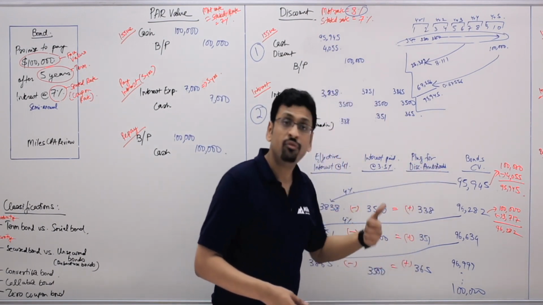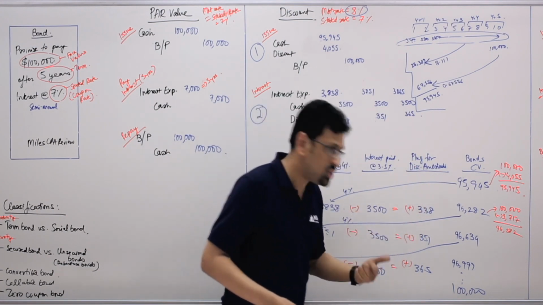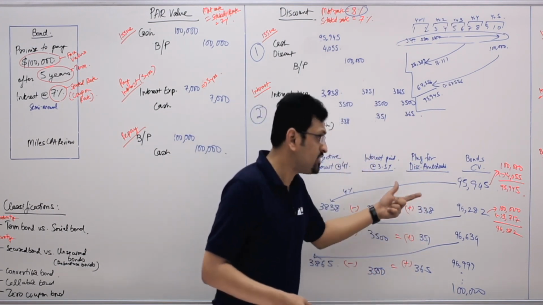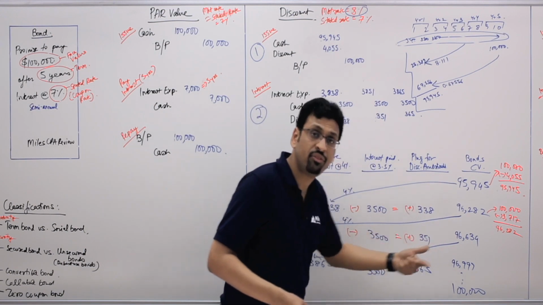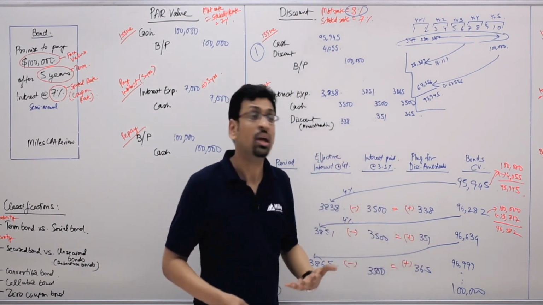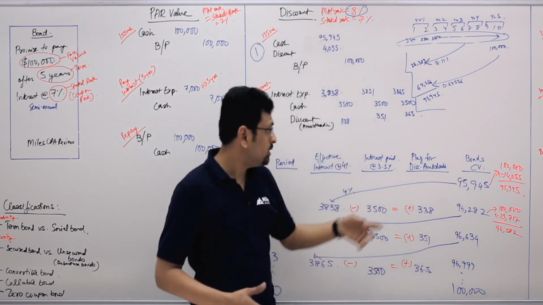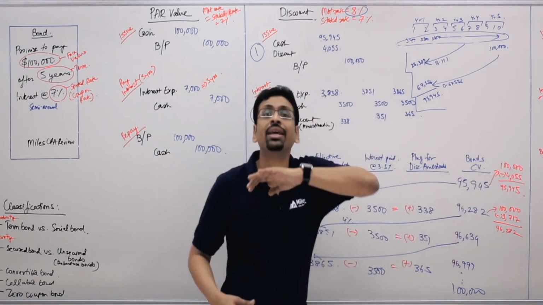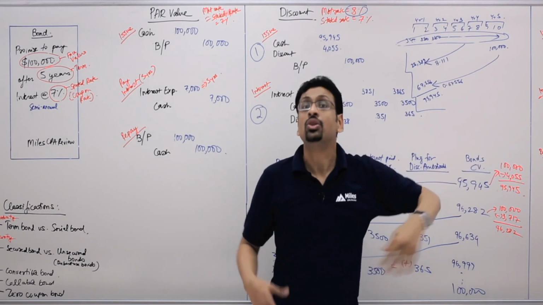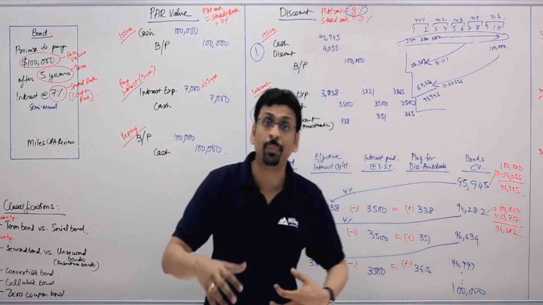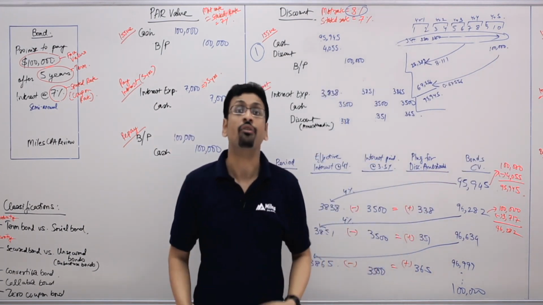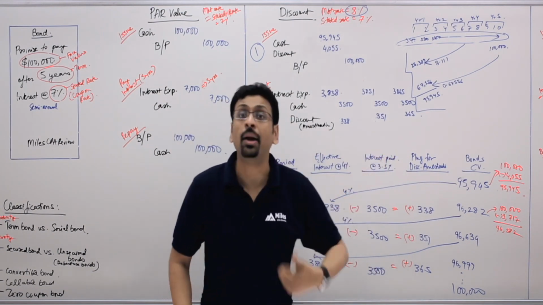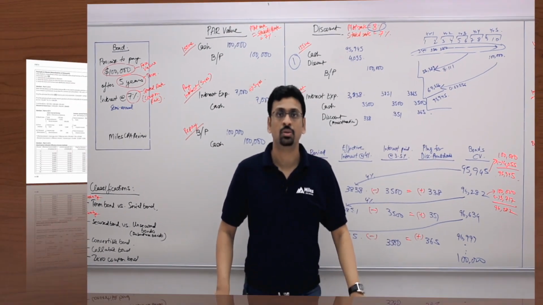So first year we amortize $338, next year 351, then first period 338, second period 351, third period 365. So in a straight line method, the amortization was straight line. Now the amortization is increasing. So let's get to the book, look at this example, and we'll again do this for premium and premium amortization.